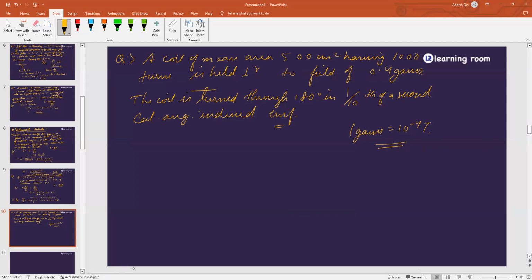Two more minutes for this question. Sir, is it 2 into 10 power minus 5? No, you're getting too much. This value is not that much negative. Check your calculations again. It's a mistake you're doing. You have to calculate the EMF, and that is of the order 10 to the power minus 2, not more than that.